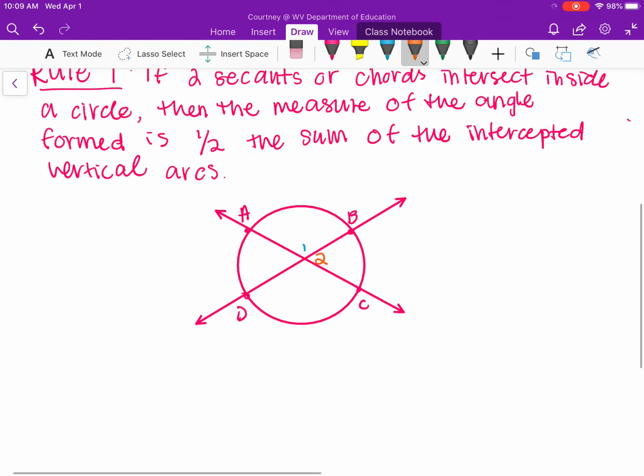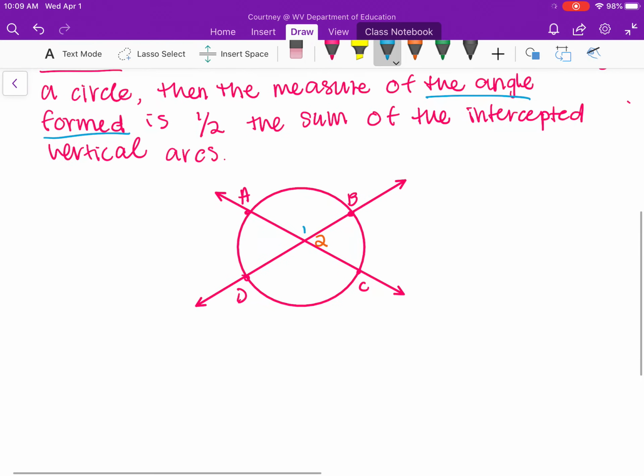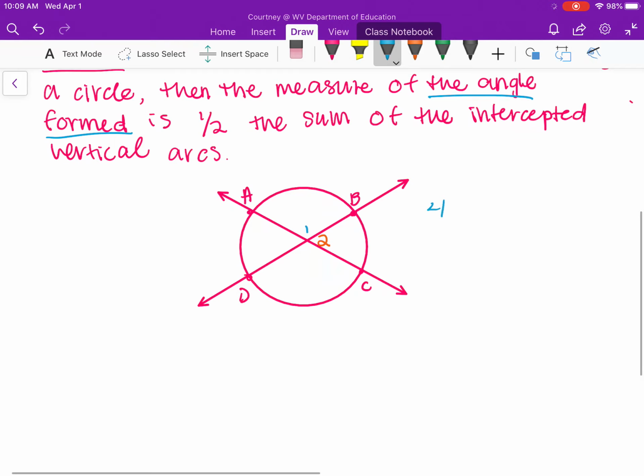Alright, so what this is saying is the angle formed, so we'll say angle 1, then it says is, which means equals. Angle 1 is half of the sum, which means addition, of the intercepted vertical arcs.